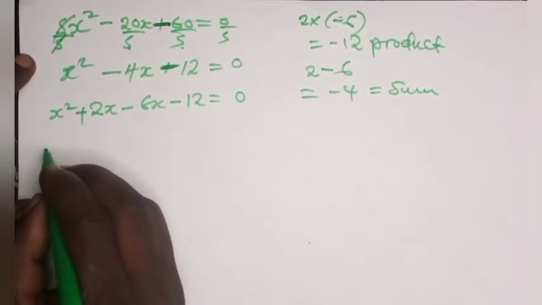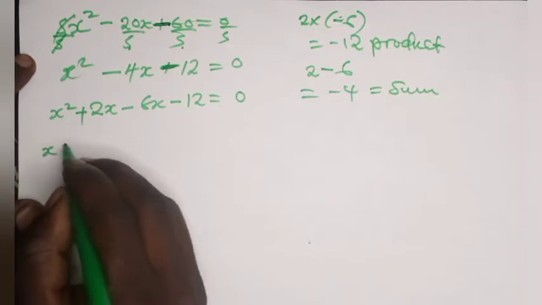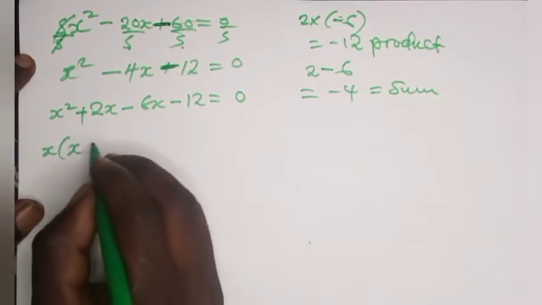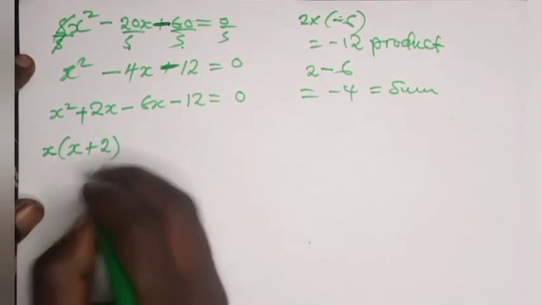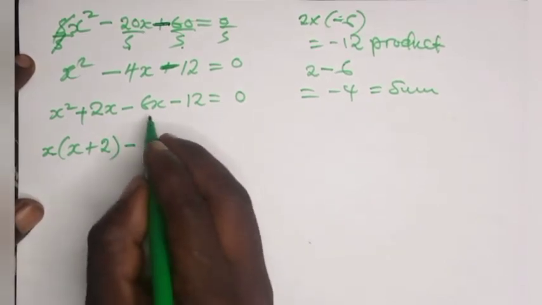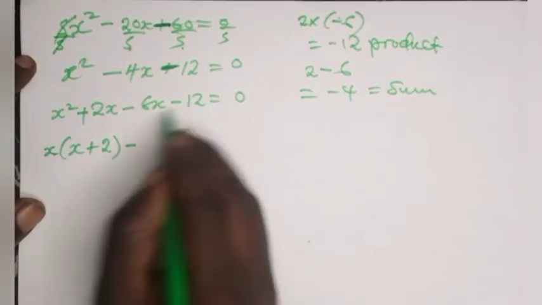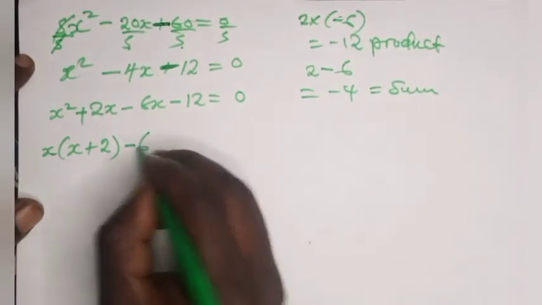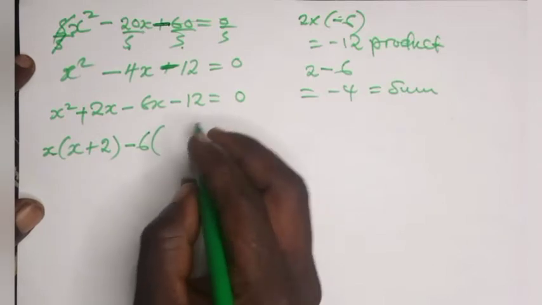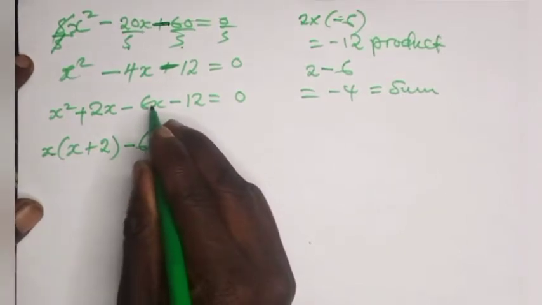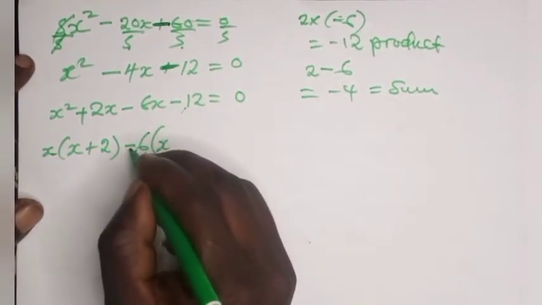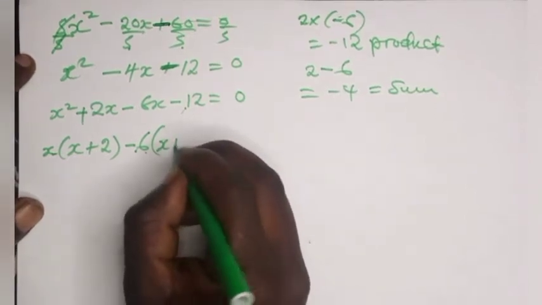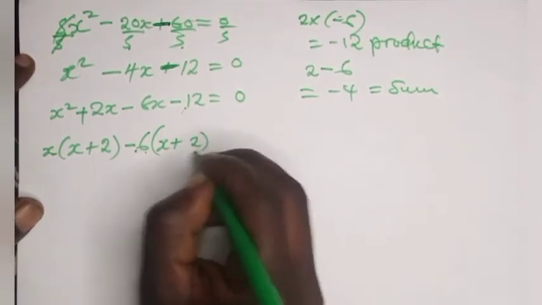Here what is common is x. x into x is x, plus x into 2x is 2, close, minus, here what is common is 6, open bracket, 6 into x is x, and 6 into negative 12 is positive 2, equals 0.